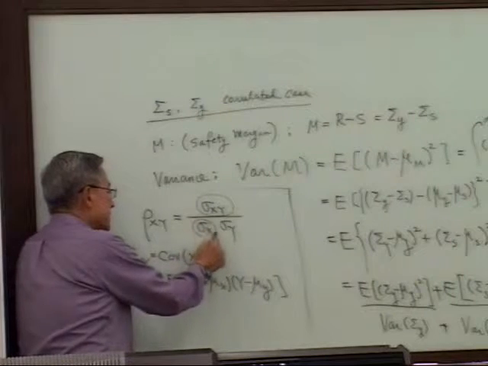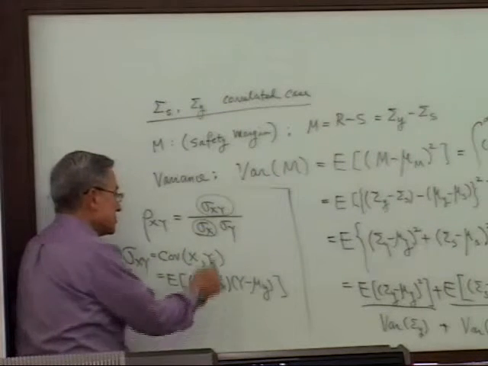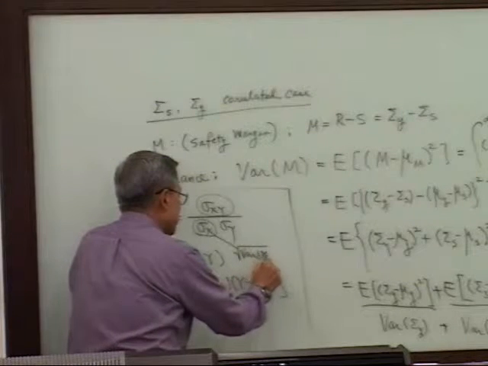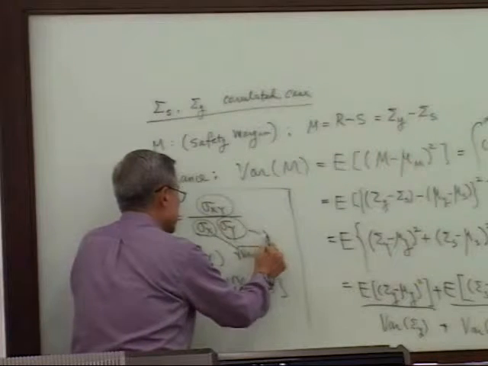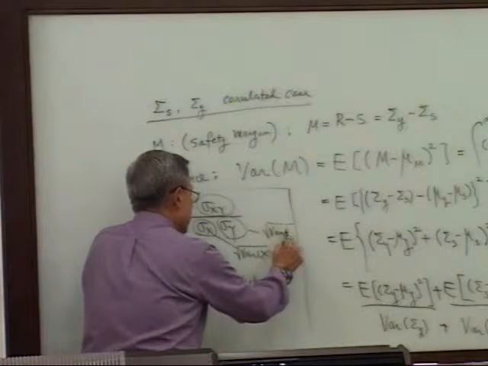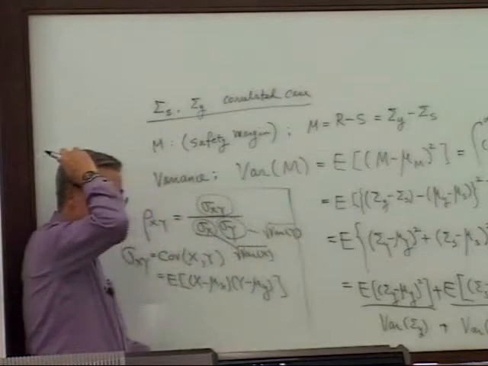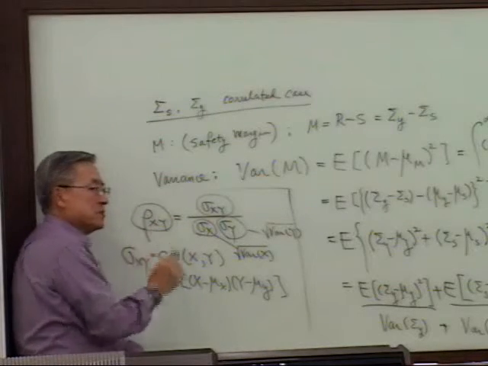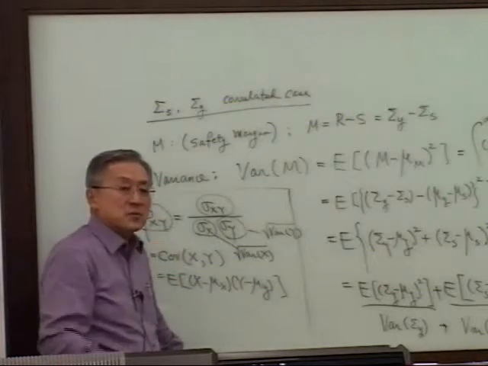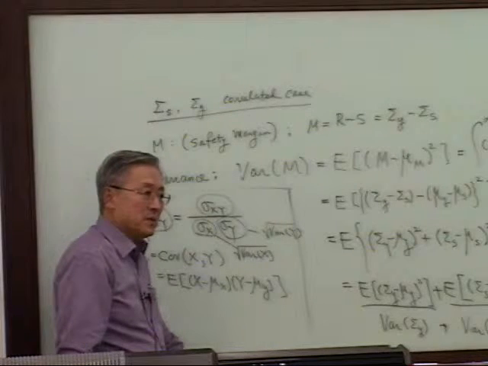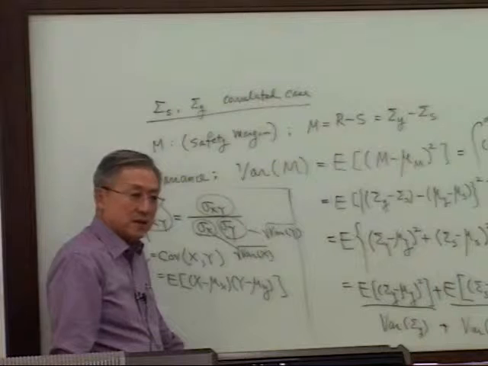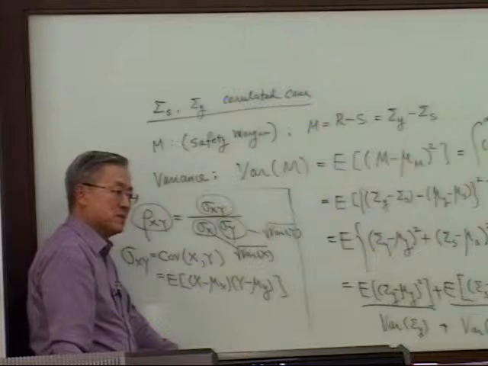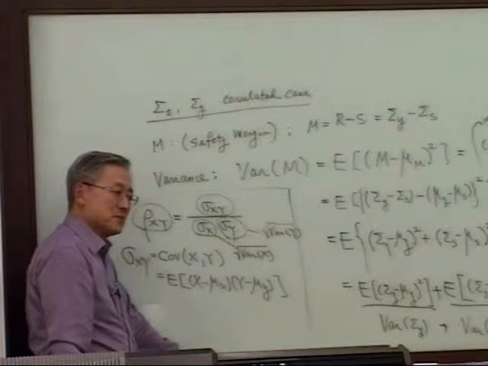The denominators are standard deviations, the square roots of the variance of x and the variance of y. And this is the degree of correlation between the random variables x and y. What's the range of rho xy? Minus 1 to 1.